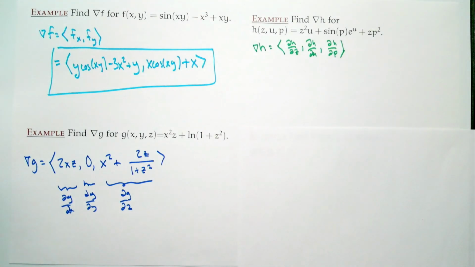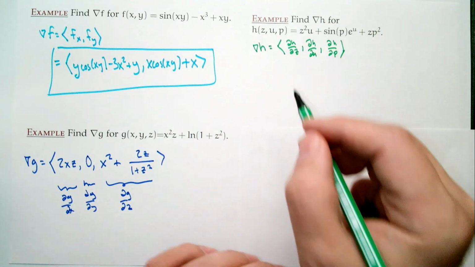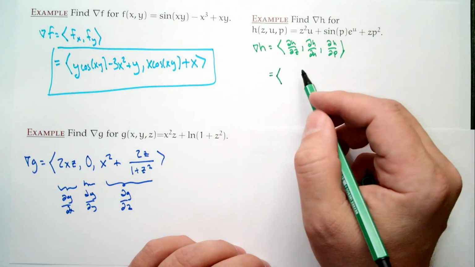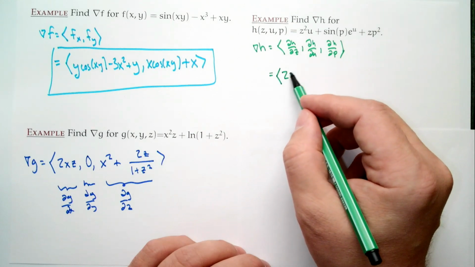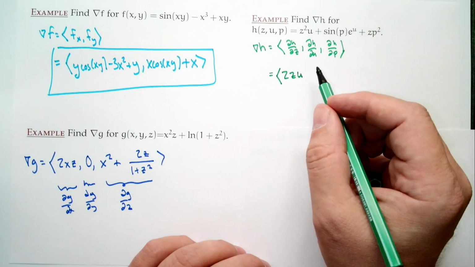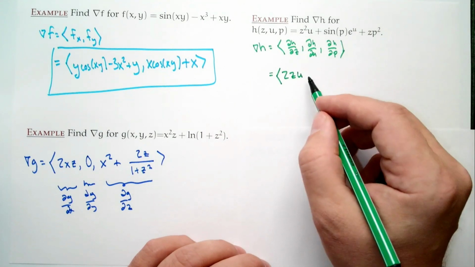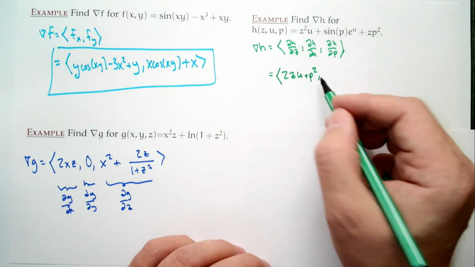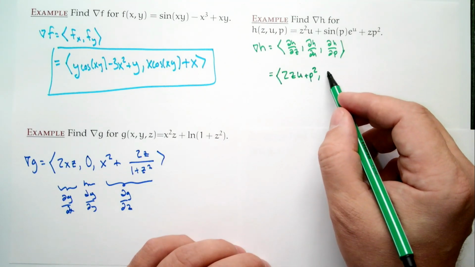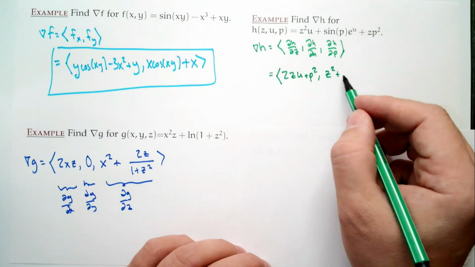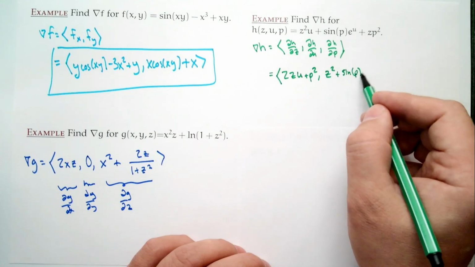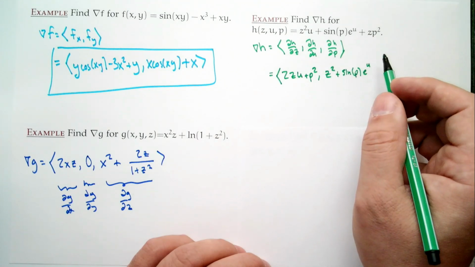All right. Well, that's actually the hard part of this one. So let's do the easy part. What's the derivative with respect to z? 2z times u. Anything else? Plus p squared. Okay, good. All right, derivative with respect to u. That's our next slot. z squared plus sine of p e to the u plus 0, right?